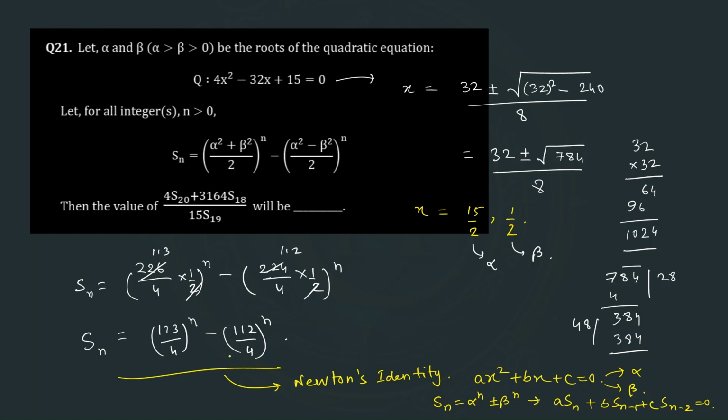So here the roots of that quadratic, which will give us the value of Sn, are 113 divided by 4 and 112 divided by 4.